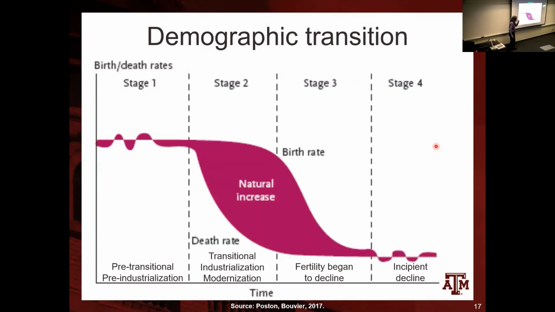The demographic transition starts to happen when we see really huge declines in mortality. And the first declines in mortality are experienced by younger people. Infant mortality rates decline a lot all over the world, and of course, they start to decline first in developed countries.